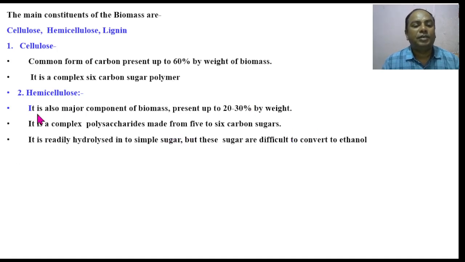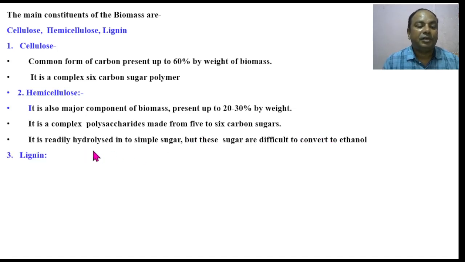Of course, this 5 carbon sugar also gets converted to ethanol, but the process is difficult, or else we have to use specific enzymes in order to convert this 5 carbon sugar into bioethanol.